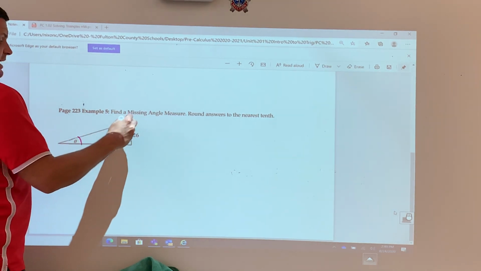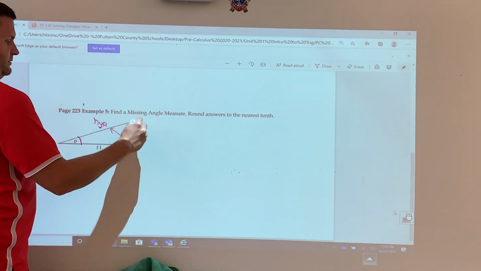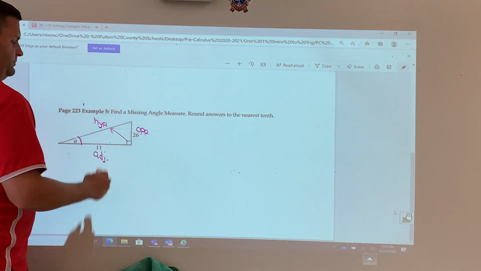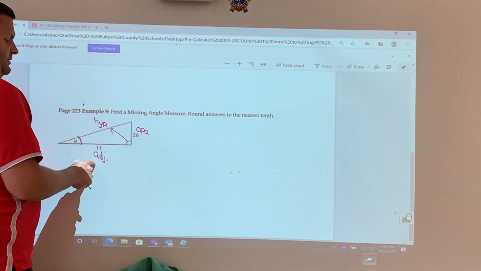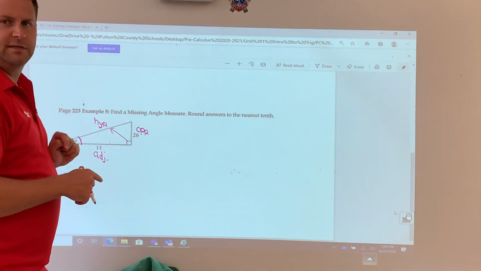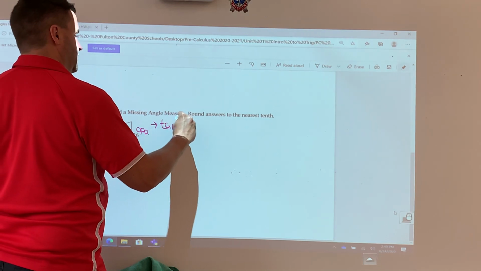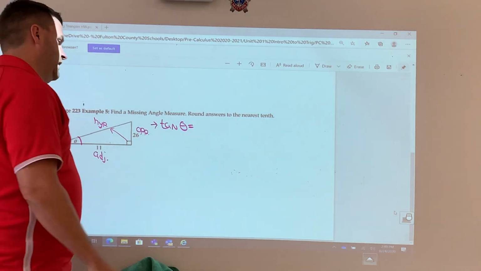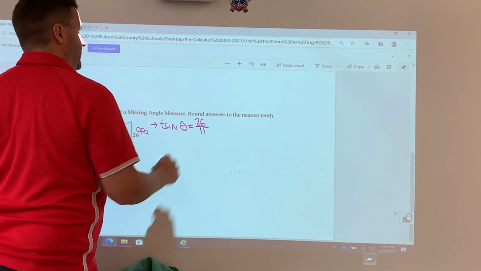Based on theta, there's my hypotenuse, opposite, adjacent. So what do I have here? I've got opposite and adjacent. So what is the only trig ratio that has to do with opposite and adjacent? That would be tangent. So we're going to have tangent of theta is equal to opposite over adjacent, so 26 over 11.